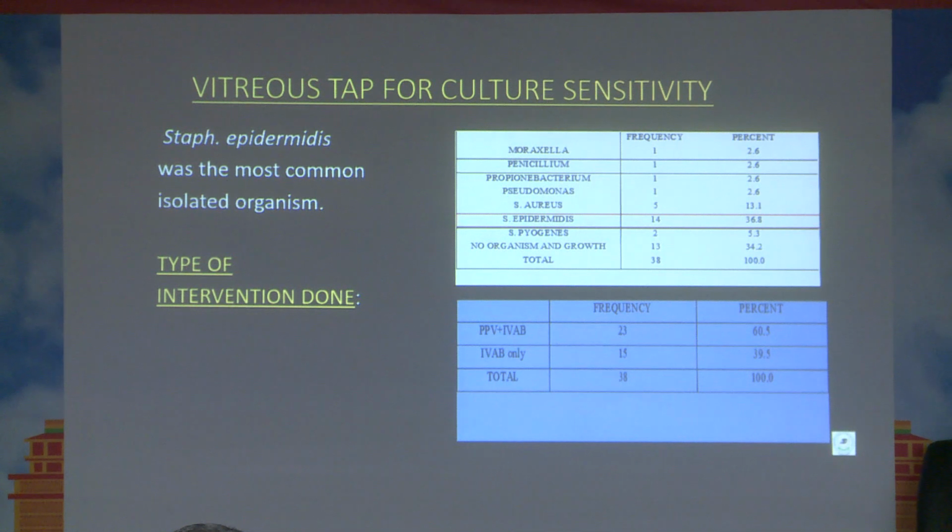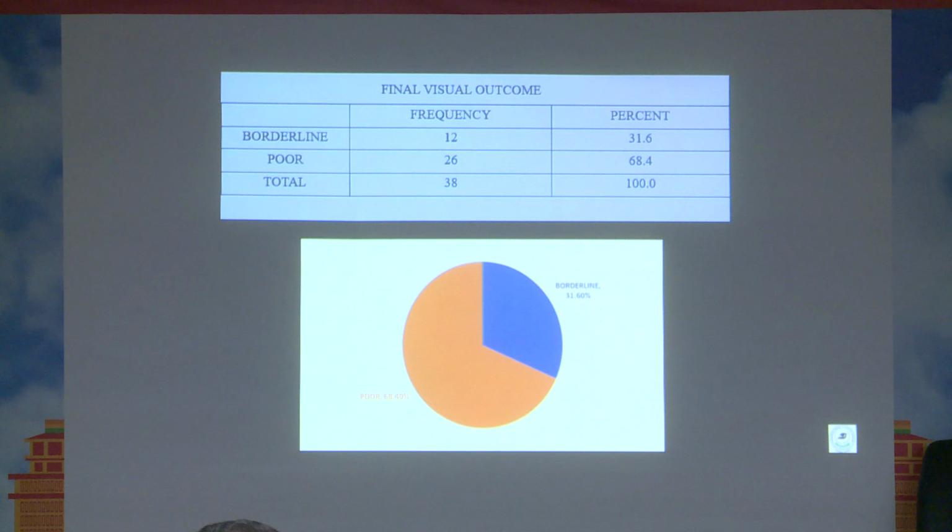In vitreous tap, Staphylococcus epidermidis was the most common isolated organism. In intervention, out of 38 patients, 15 eyes received only intravitreal antibiotics, 23 eyes received vitrectomy and intravitreal antibiotics. Out of 38, 26 patients had poor visual outcome, 12 patients showed borderline visual outcome.